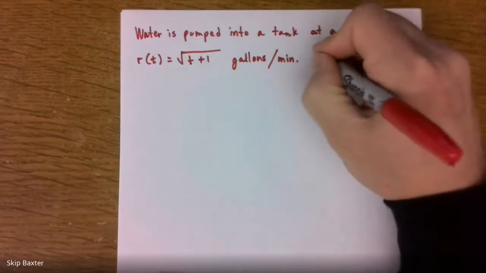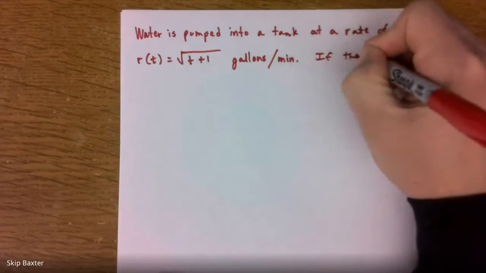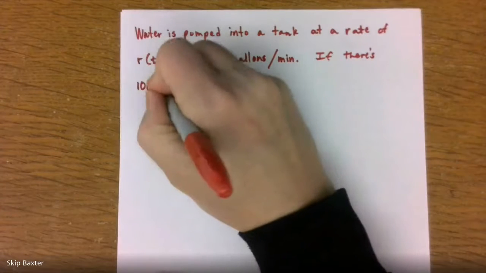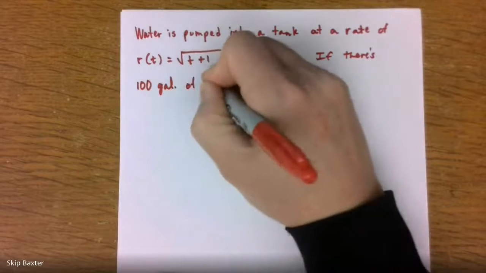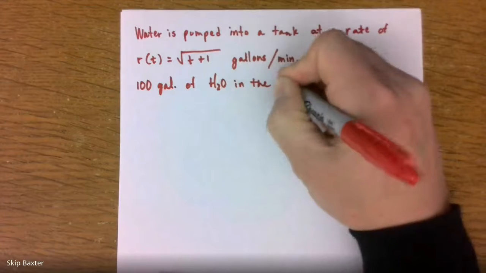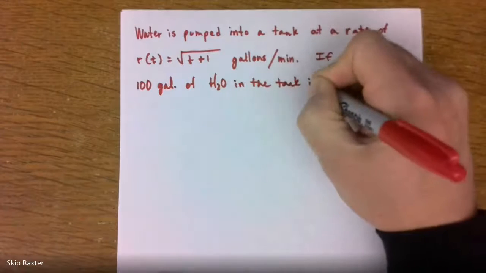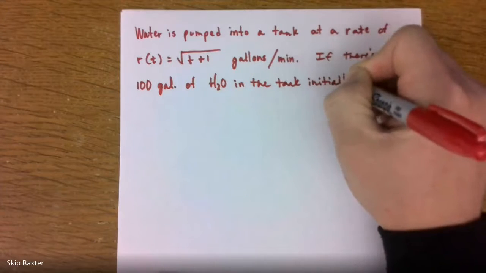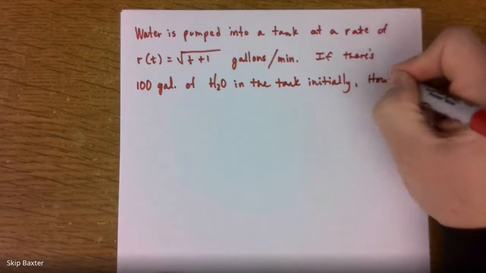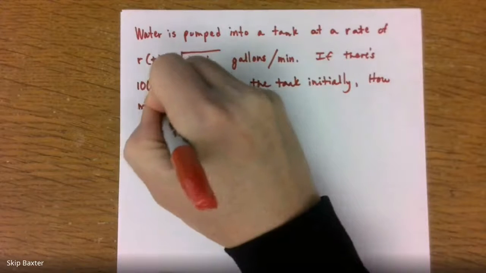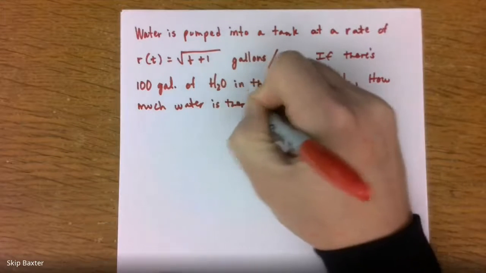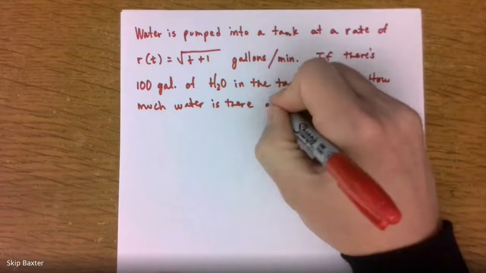If there's 100 gallons of water in the tank initially, how much water is there after 3 minutes?